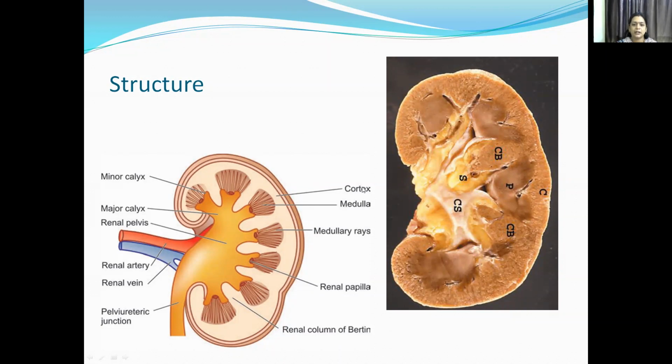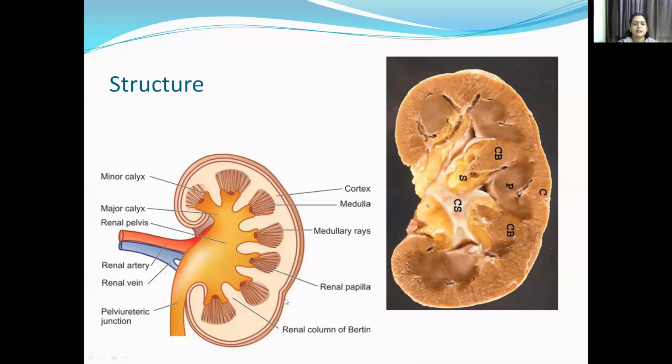The same thing is represented here. Here you can see there is a renal artery, the renal vein, and then this is the pelvic junction, this is the renal pelvis. Right, and these are the minor calyces, major calyces, minor calyces, and the renal papillae. Here, the renal papillae are usually important because the collecting system ends on the renal papillae.